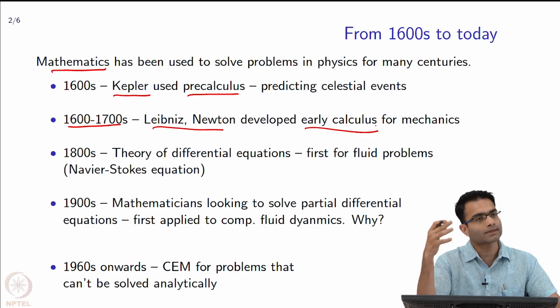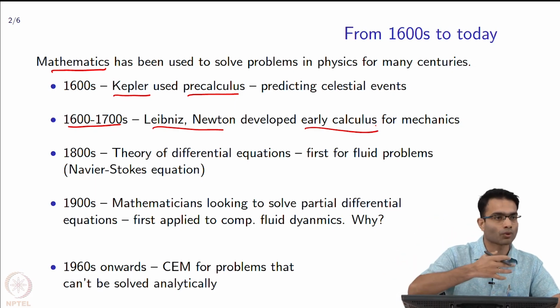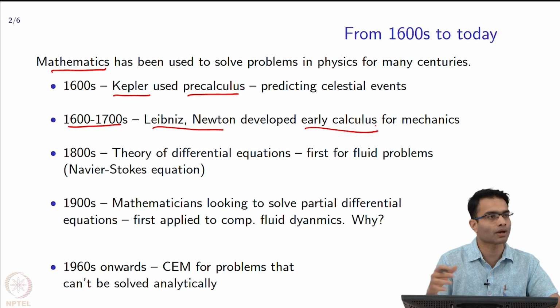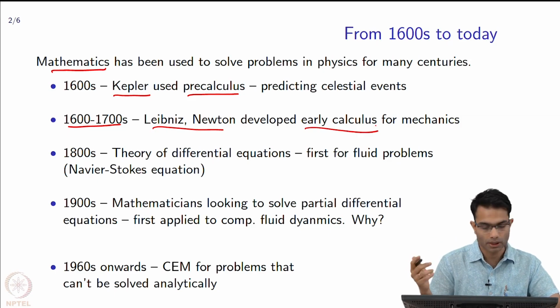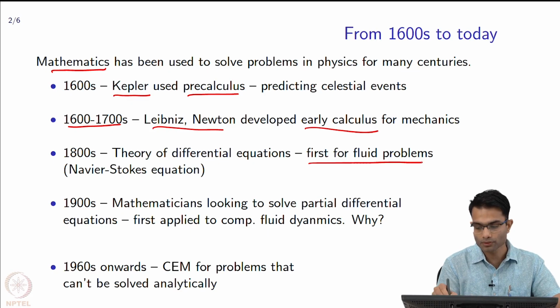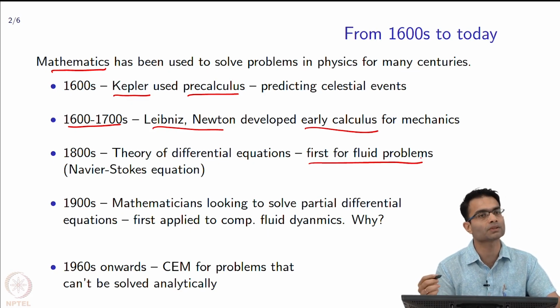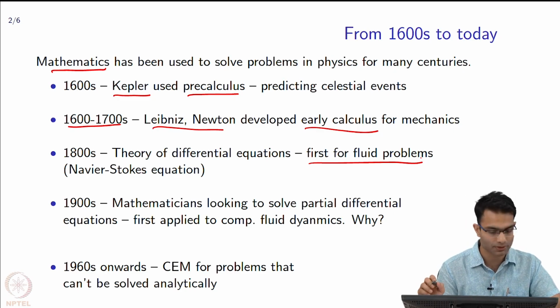And simultaneously, a lot of people were interested in how fluids flow, whether let us say water in a river or in a pipe or whatever, how is fluid flow understood. So they needed the theory of differential equations for it, and so the theory of differential equations came about first for fluid flow problems, okay. And many of you will know that these equations are called the Navier-Stokes equations.